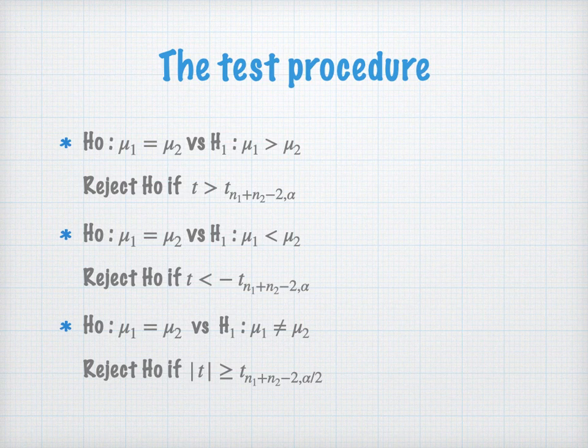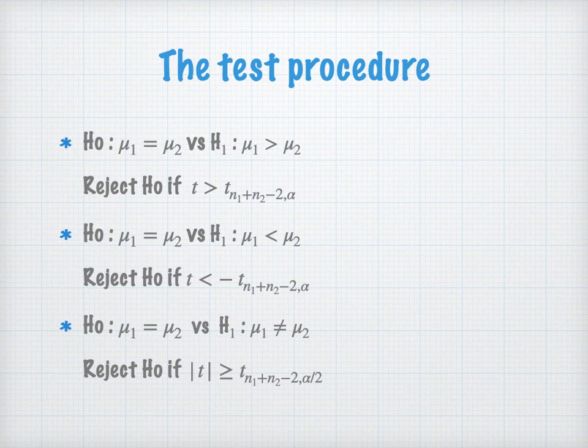If H0 is mu1 equal to mu2 and H1 is mu1 less than mu2, then we reject H0 if t is less than minus t(n1 plus n2 minus 2, alpha). And in the last case, when mu1 is not equal to mu2, we reject H0 if mod t is greater than or equal to t(n1 plus n2 minus 2, alpha by 2).